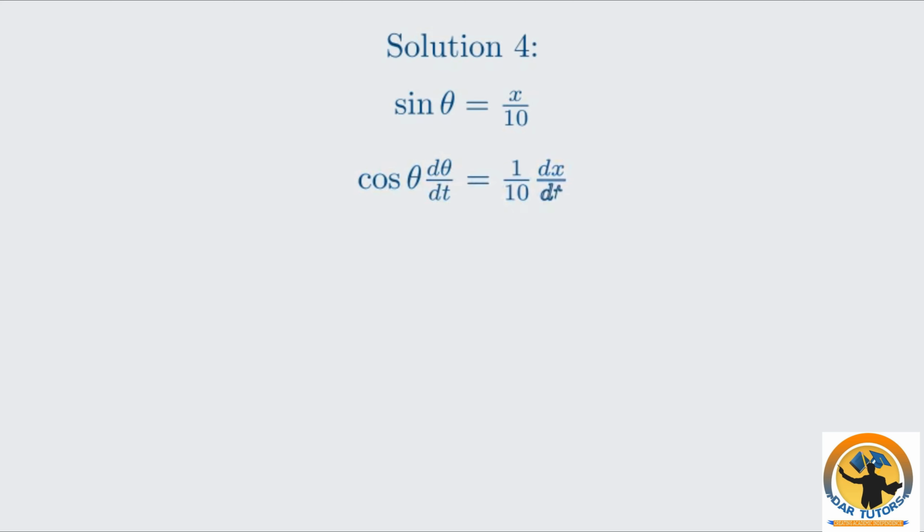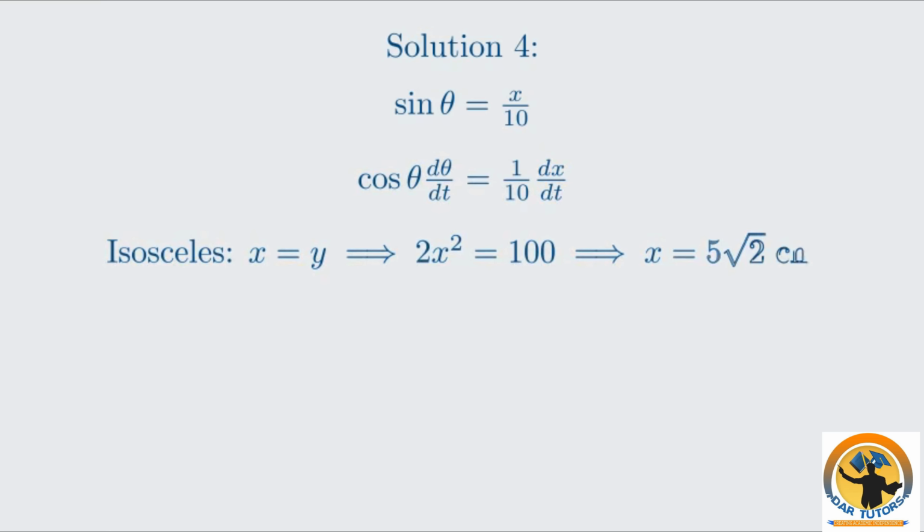Question 4. Let the hypotenuse be c equals 10, the increasing leg be x, and the angle opposite it be theta. Then sin theta equals x over 10. Differentiating gives cos theta times d theta/dt equals 1/10 times dx/dt. When the triangle is isosceles, x equals y, so x squared plus x squared equals 100, meaning x is 5 root 2.